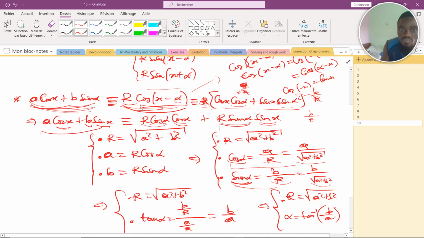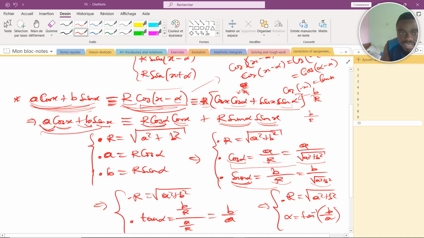Is that okay? From there, I'll let R be equal to the square root of this square plus this square, with their signs. That will give me this. The next thing is I'll equate A to R cos alpha, because I'll just compare. If there is cos X here and cos X here, then this A must be equal to this R cos alpha.